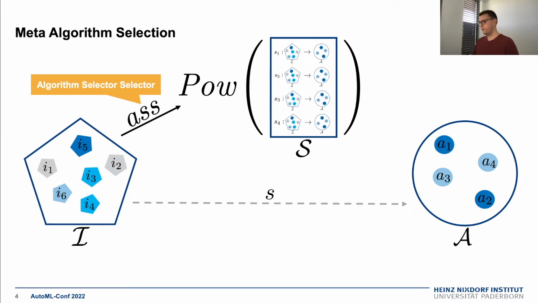And then from these selectors, we aggregate, namely we aggregate either the selectors themselves or more precisely their decisions, in order to then at the end have a single algorithm, because of course at the end this is still our target, having the best algorithm for the corresponding instance.